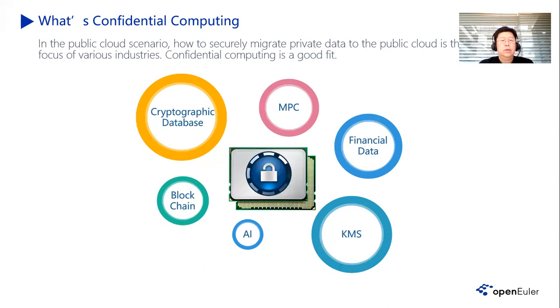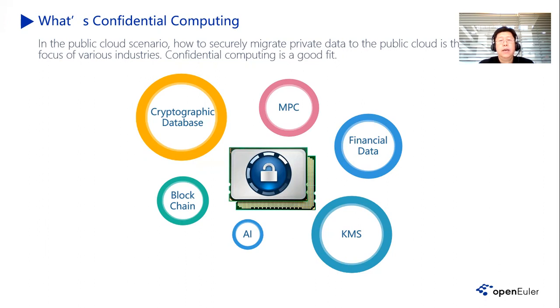And as we know, currently the public cloud is a trend for the industry. But some customers are still hesitant to migrate their business to the public cloud. The main concern is data leaking.